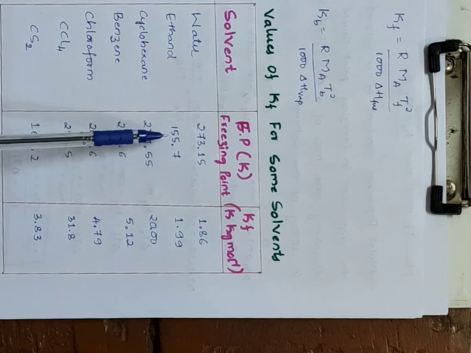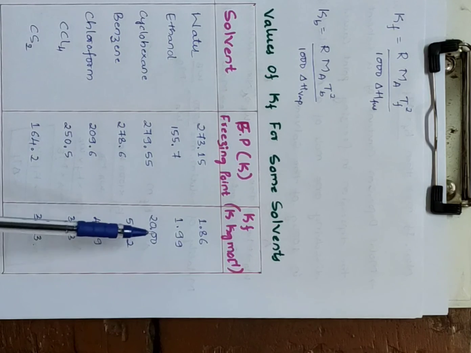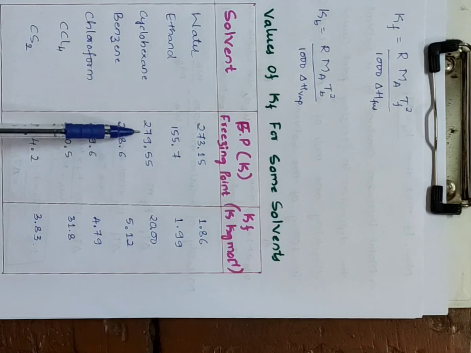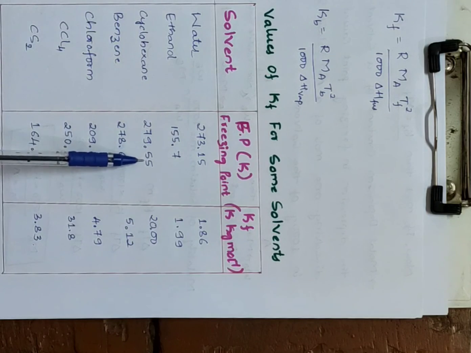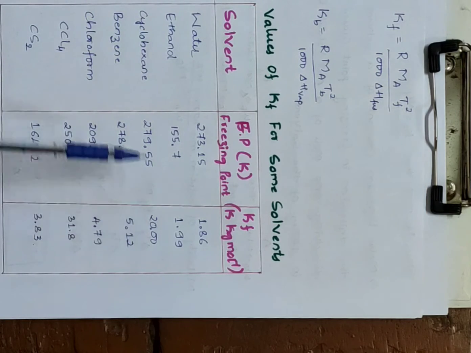Ethanol freezes at 155.7 Kelvin and its KF value is 1.99. Cyclohexane freezes at 279.55 and its KF value is 20. Benzene freezes at 278.6 and its KF value is 5.12.